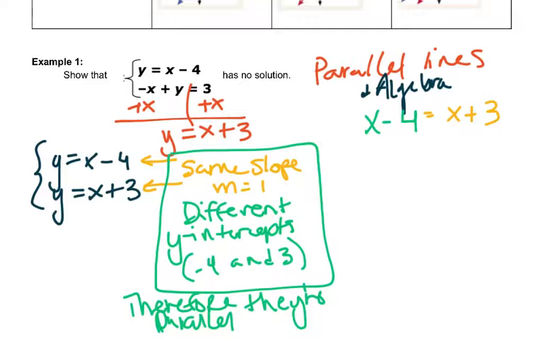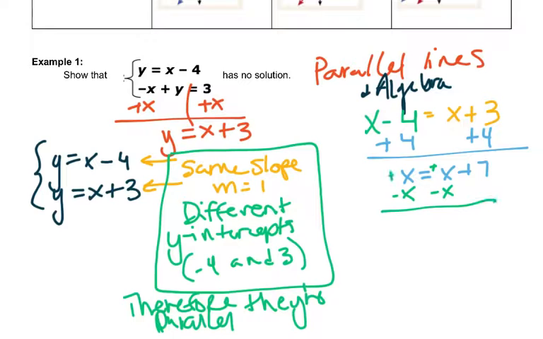And if I go through and solve them, maybe adding the 4 over to the other side, taking that positive x and moving it to the other side. Now you realize that you have 0, right, because these would cancel and these would cancel, equal to 7, and this is a false statement.